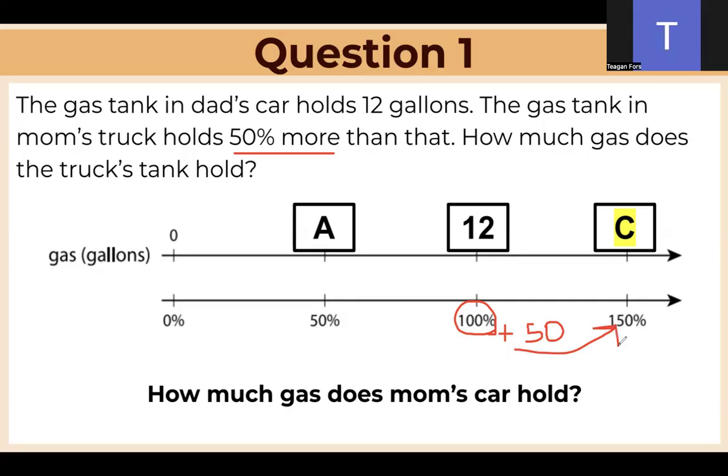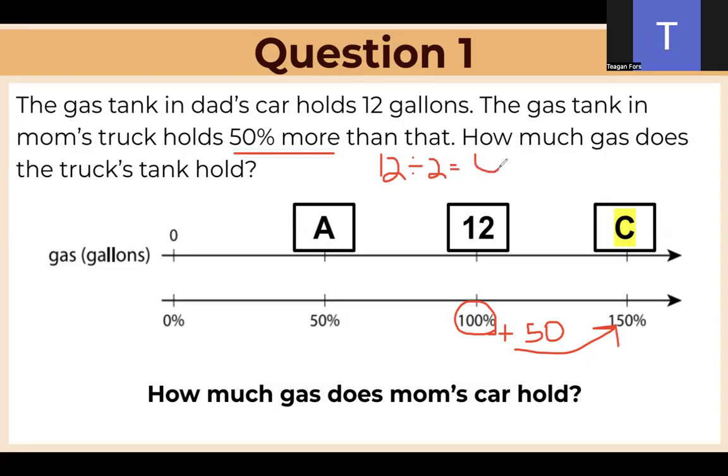So now I need to figure out how much Mom's car actually holds. Well, I know that it holds 50% more, so I need to figure out what 50% of 12 is. Well, to figure out what 50% of 12 is, I just take 50 and I divide it by 2, because 50% is another way to say 1/2 or dividing by 2.